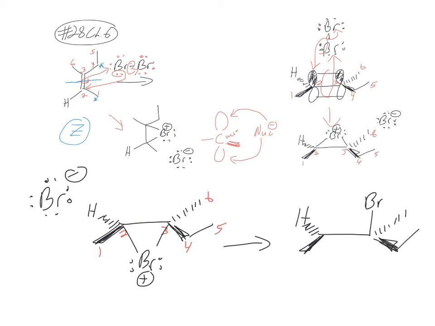Number our carbons, 1, 2, 3, 4, 5, 6. And the other bromine is this way. Do we see how our bromines are trans? Do we see that? It's almost like this is on the top part of the, if this was a ring, right? This would be like the top of the ring, this would be the bottom of the ring. So the bromines are trans.